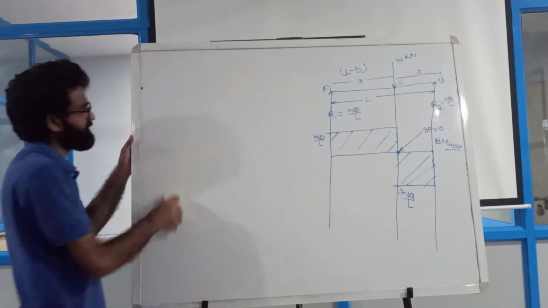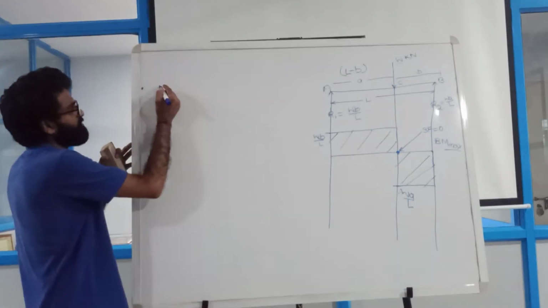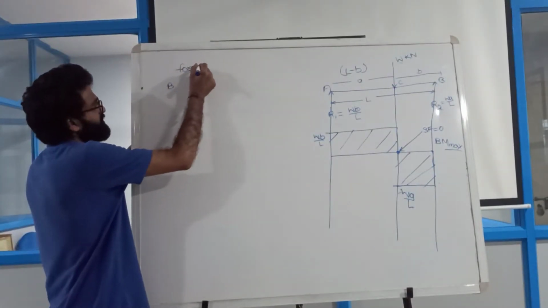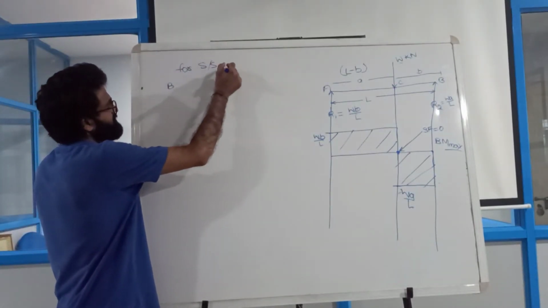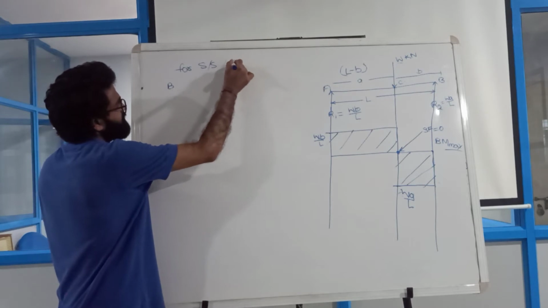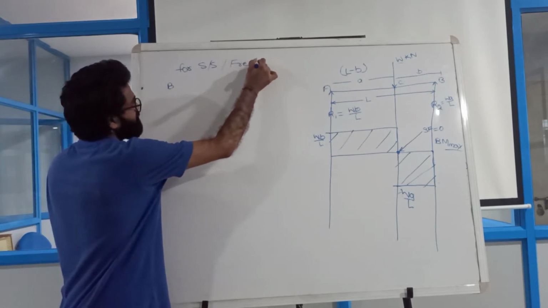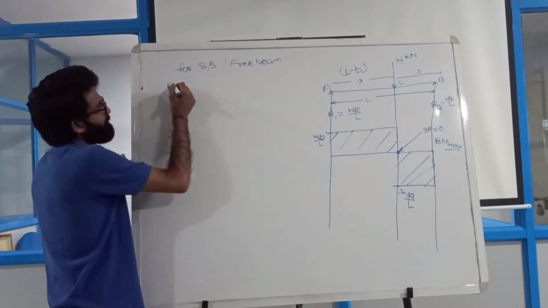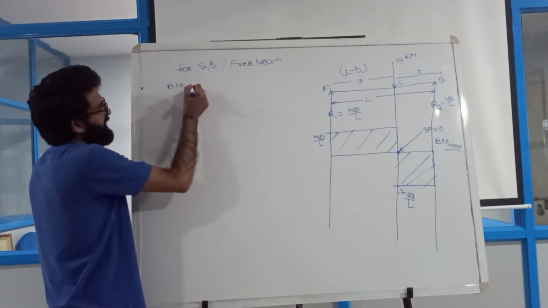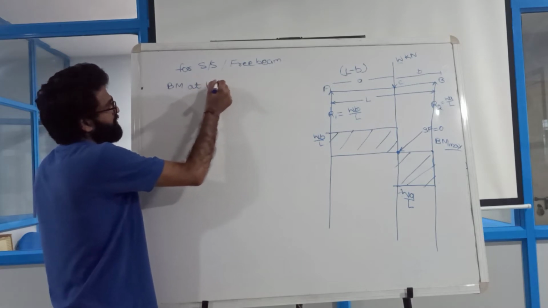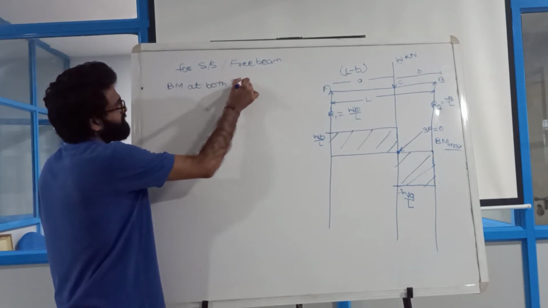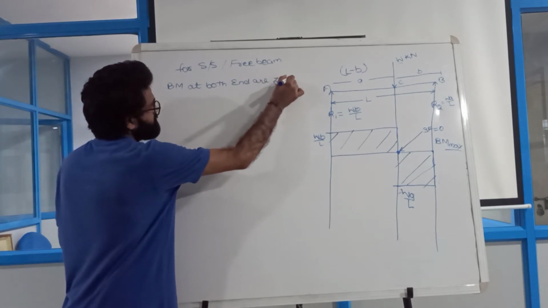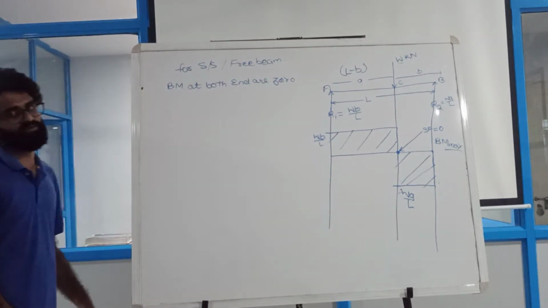So let us look at the bending moment value. As we all know, for the simply supported or free beam case, the bending moment at both ends is 0.